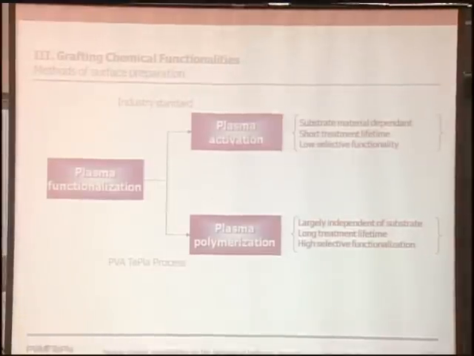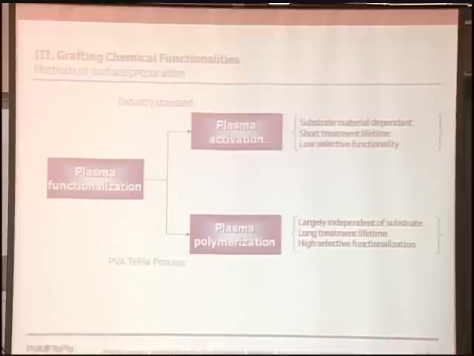You will get about 2% primary amine on your surface using ammonia gas. On the other hand, if you feed in some monomer species that you can polymerize on the surface that contains that functional group, for example, an allylamine, you will get in excess of 10% primary amine group on the surface. So it's a lot easier to control the chemistry if you use this method here, but both methods are possible.